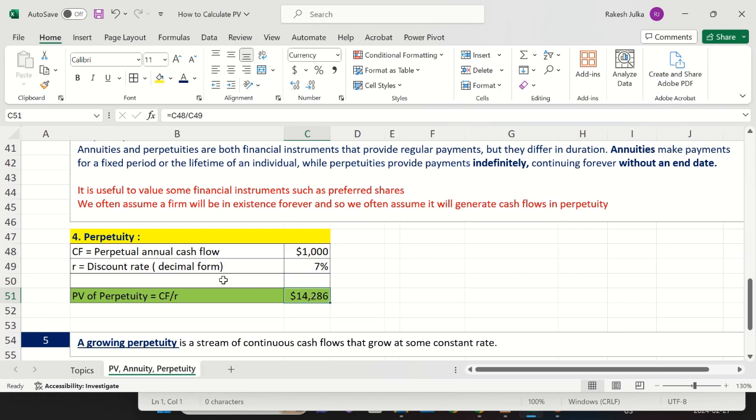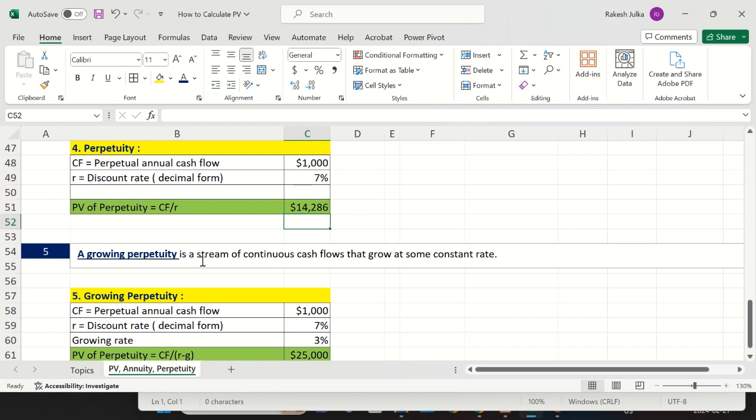So this is a perpetuity. Now let's see, if I delete it and calculate once again: 1000 divided by 7%, enter. This is the money we invest today, and we will receive $1,000 every year, for an indefinite period of time.